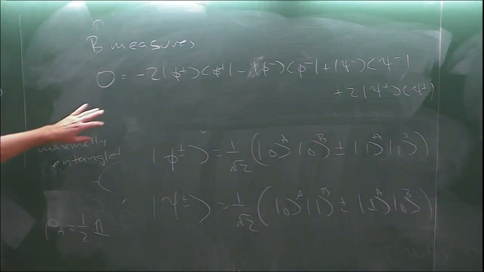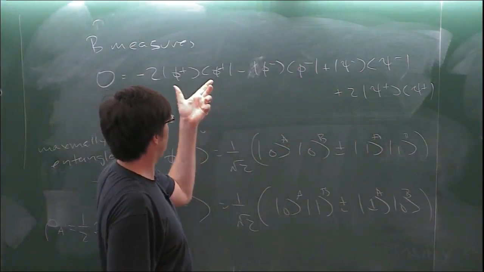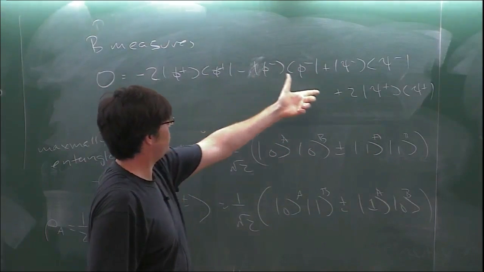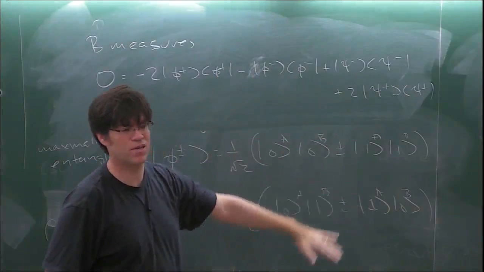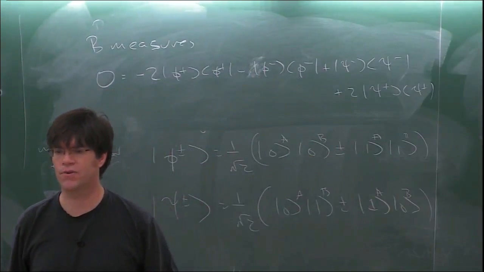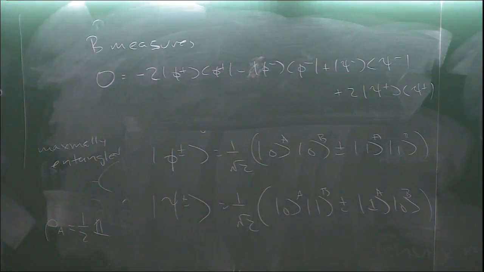By measuring which of these numbers I get, the outcome of the operator will tell me which of these 4 basis states Bob has. And so he now has complete information about which of the 4 things Alice did, and she's able to send a message.